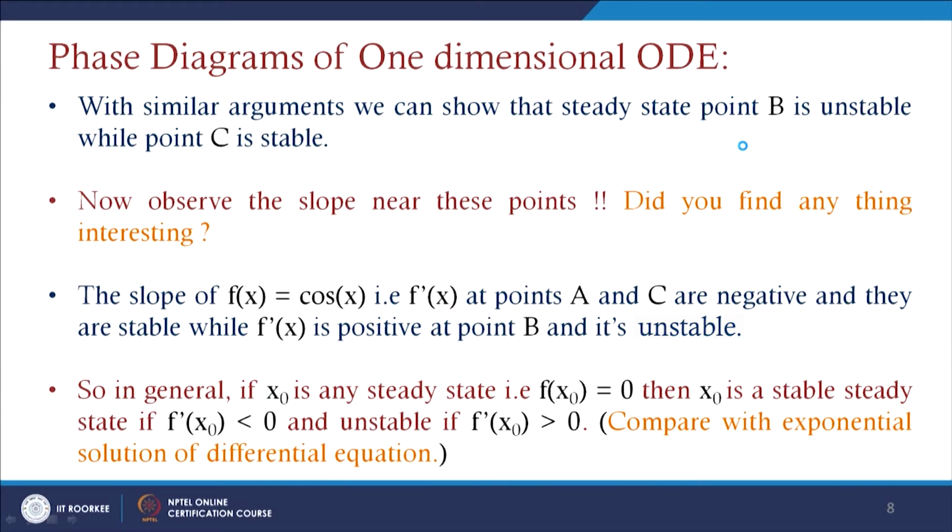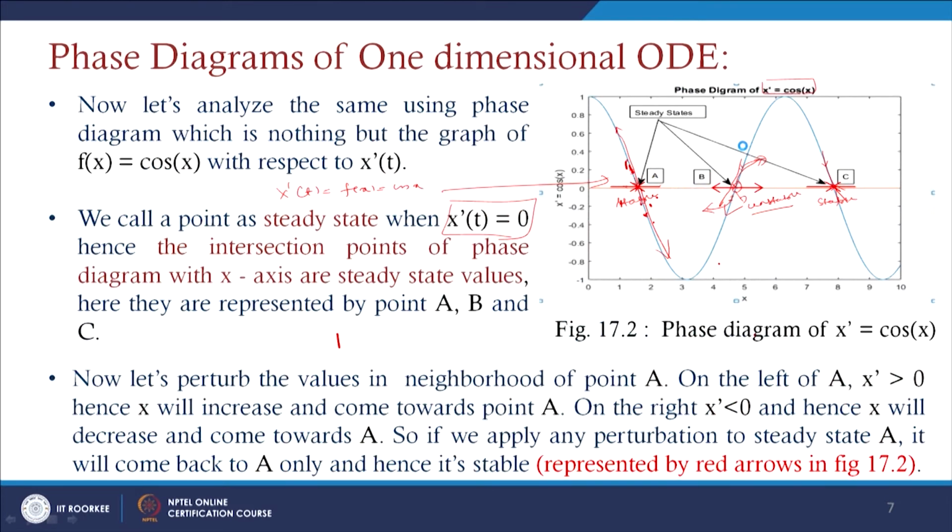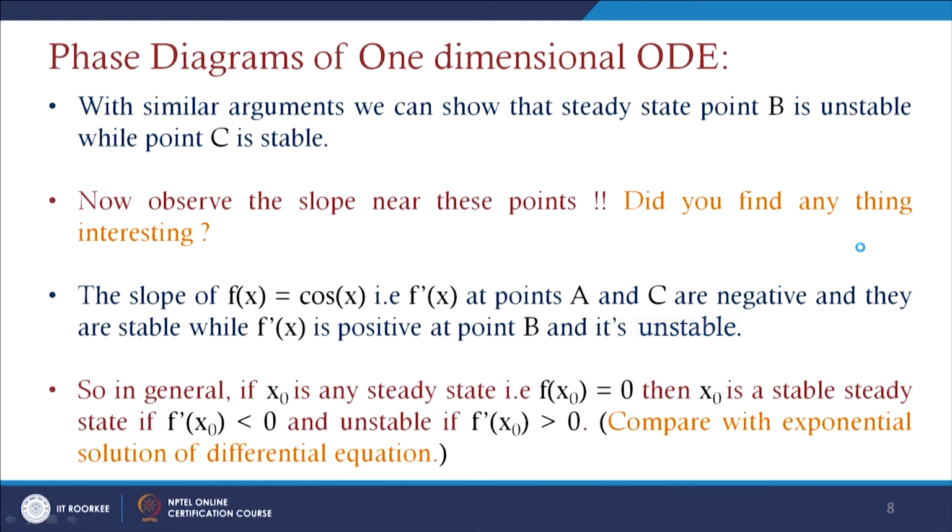So, if you see here, the slope of f of x equals cos x, that is f dash x at points A and C, is negative. But at the point B, you can find that it represents a positive slope. Hence, when the slopes are positive, we find these points are unstable, and if the slopes are negative, then the point represents the stable state.